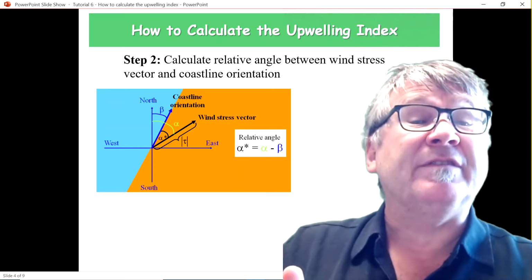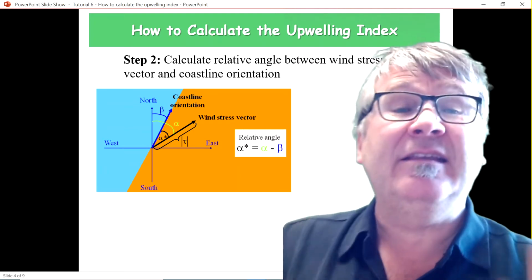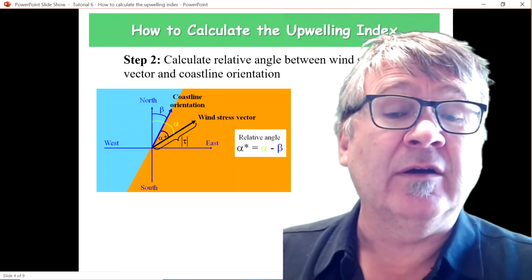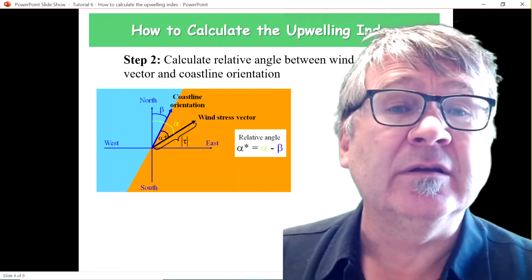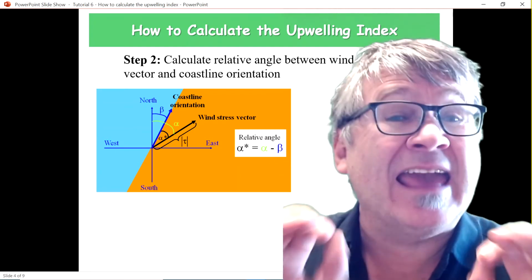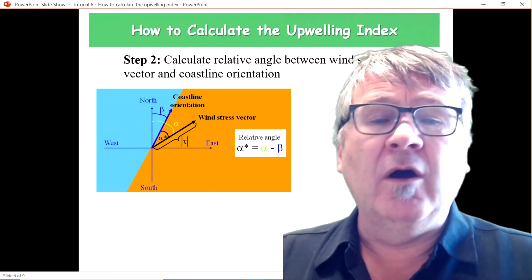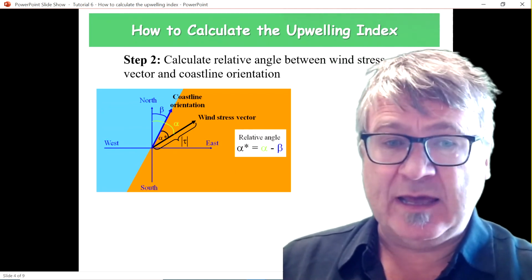You can also have the case where the wind is anti-parallel to the coastline. Okay? Anti-parallel to the coast, and that's where you get the angle pi. Okay? All right, so let's see what happens from here.